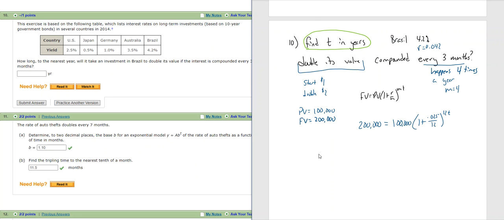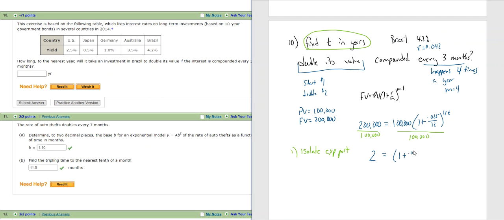All right, remember our first step is to isolate the exponential part. And if we isolate the exponential part, our first step is to divide by 100,000. And what happens? 200,000 divided by 100,000 is 2. 100,000 divided by itself, that cancels out.